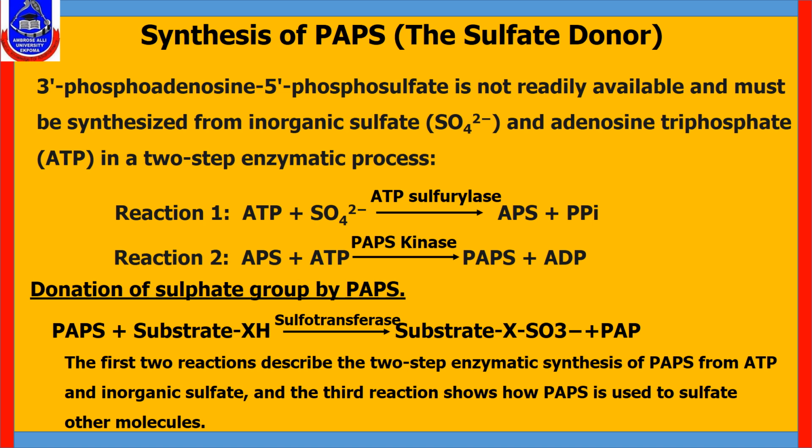Now, the donation of sulfate group by PAPS is indicated here before you. Substrate XH with PAPS. Now, this reaction is catalyzed by sulfotransferase to give you the product and PAP.